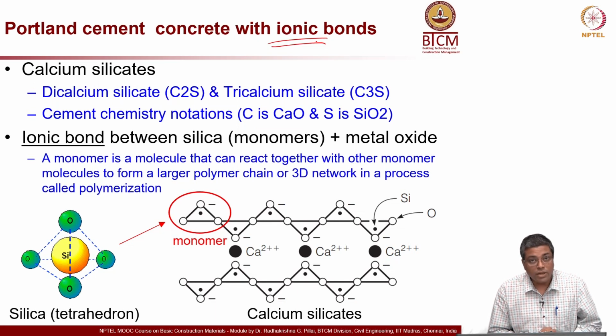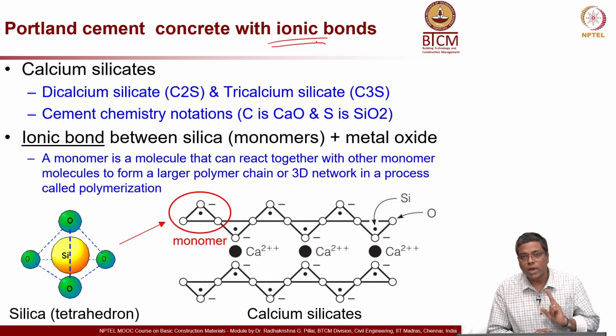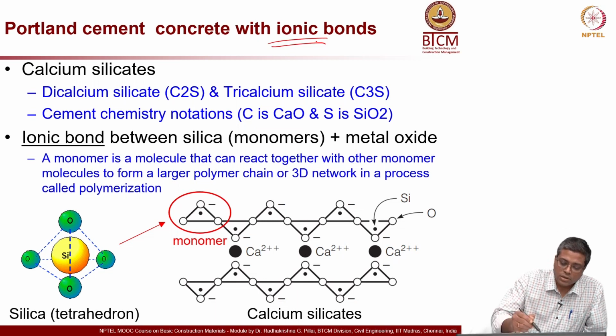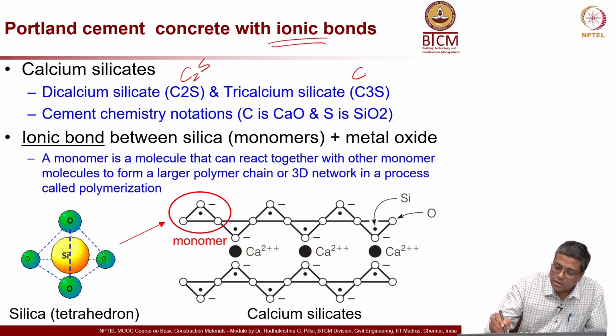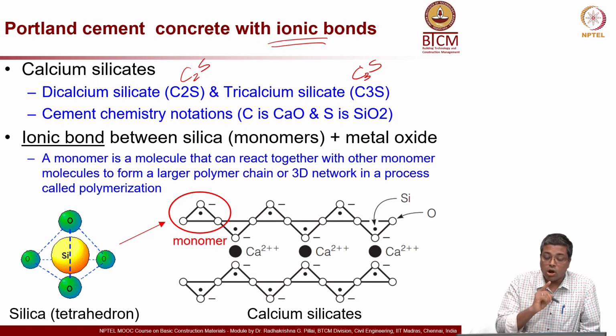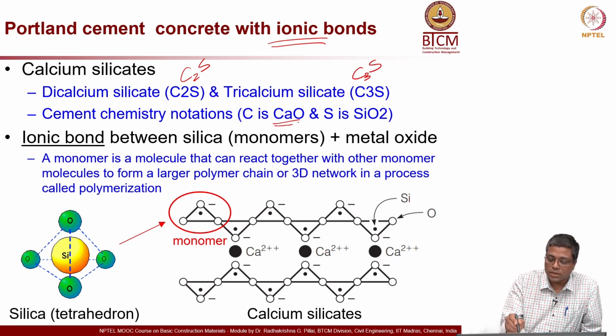Now, in that you have two major complexes which are dicalcium silicate and tricalcium silicate. The 2 and 3 should be subscript: C2S and C3S, subscript. Here C is not carbon, you note that it is cement chemistry notation, and S is SiO2, where 2 is subscript.